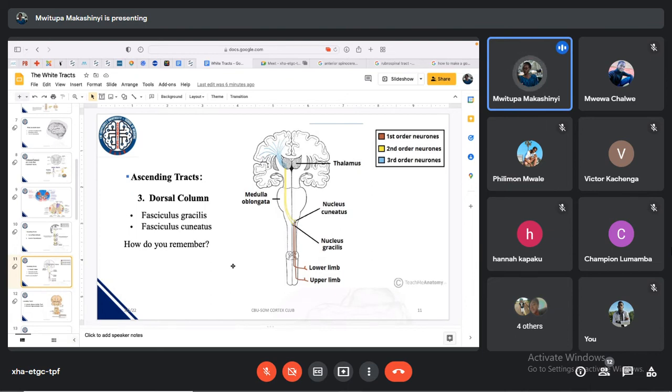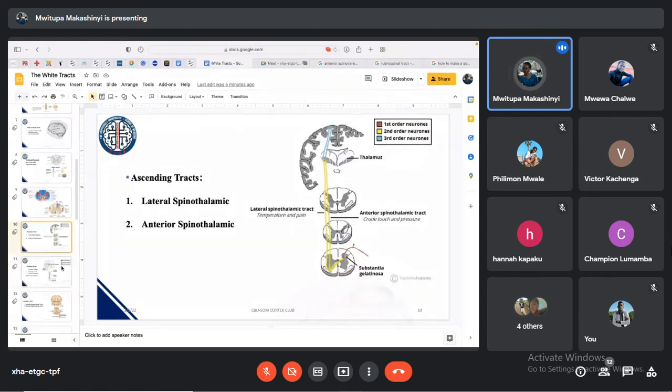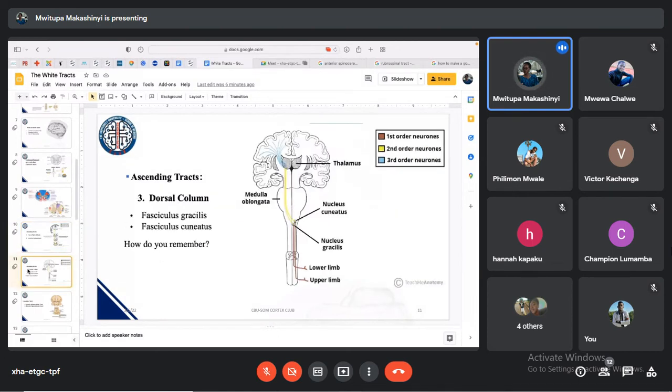So we've talked about, we didn't mention what sensations are carried. Sorry about that. The sensations which are carried by the dorsal column tracts is fine touch. So for the previous ones, the spinothalamic, that's crude touch and then pressure, temperature, and pain. But for these, the dorsal column, it's fine touch.